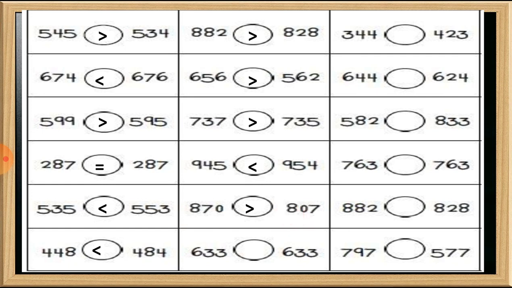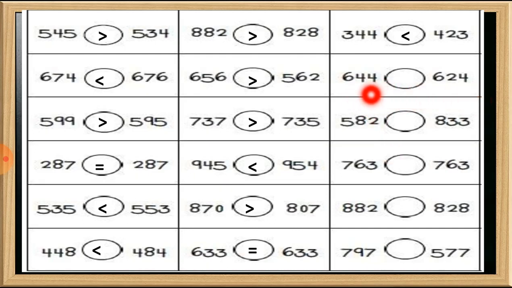So students, these two numbers are same. So we have to put the equal to sign there. Next one 344 and at the right side 423. So the bigger number is 423. Here is the example 644 and 624.